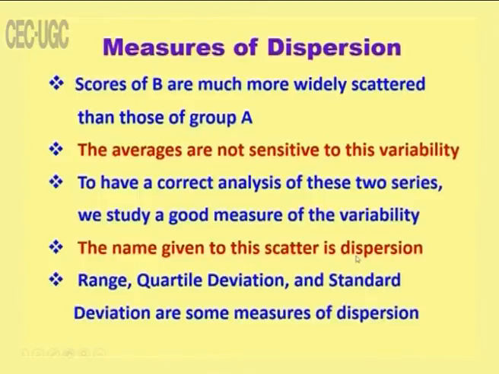That means, now we have come to a conclusion that the average is not the only measure, and beyond that, for measuring the variability we need some more measures, and the standard deviation, quartile deviation, etc., provide that particular measure.